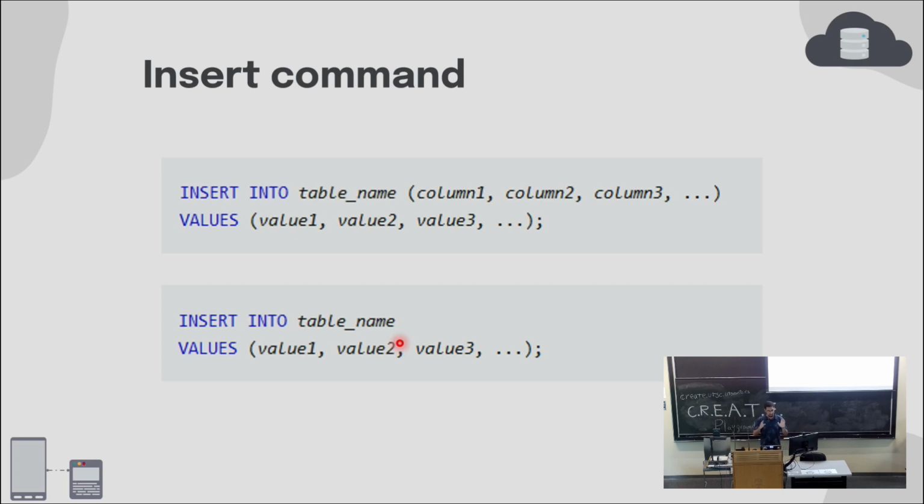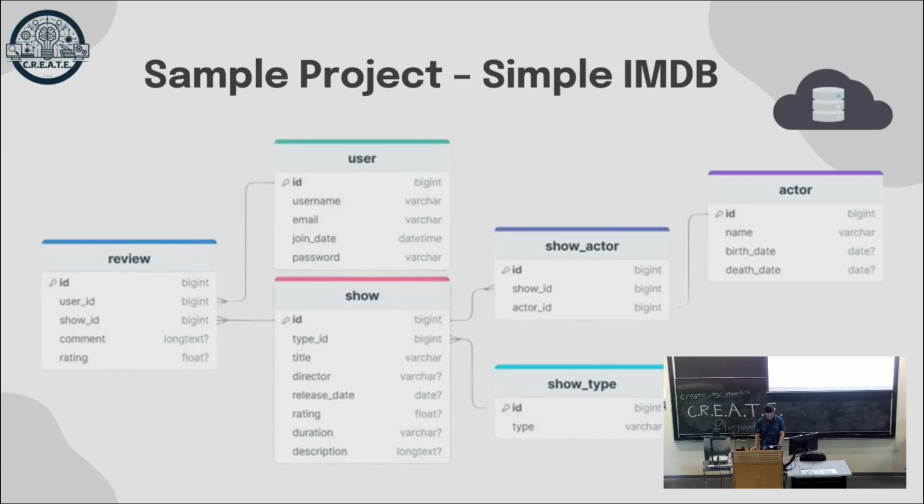But for now, actually try to insert one row of data into the show table. And if you want to know how it looks, in this one, we want to add one show.